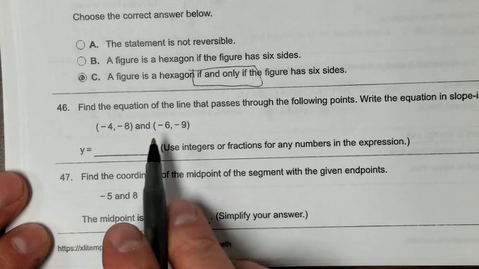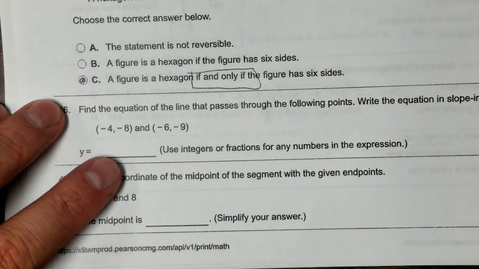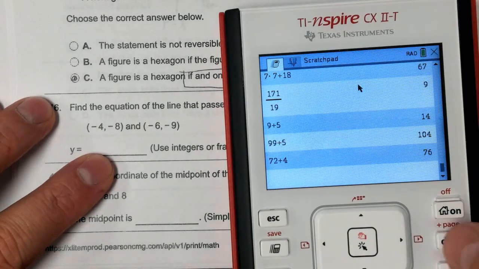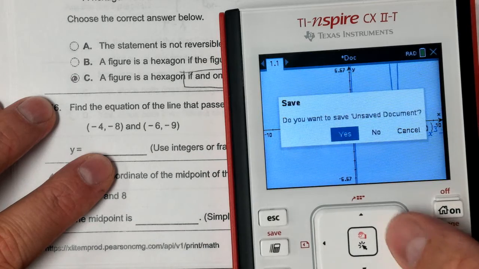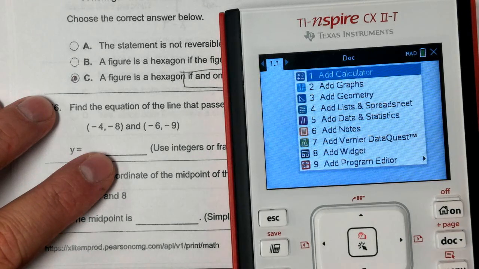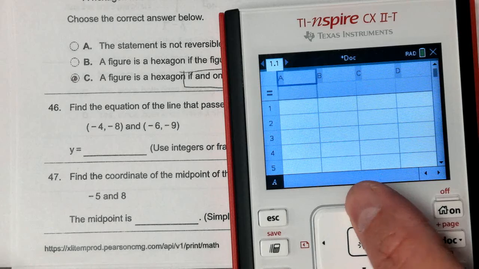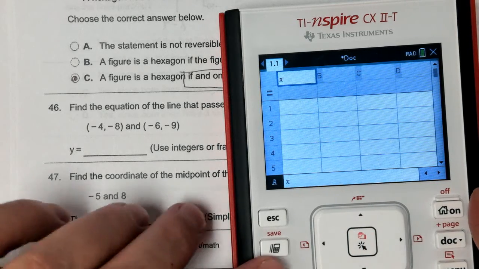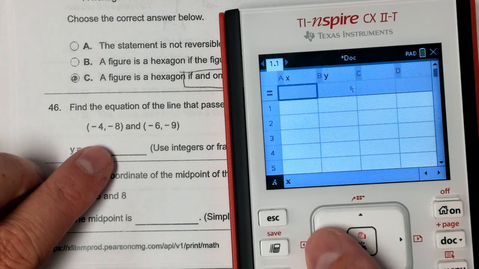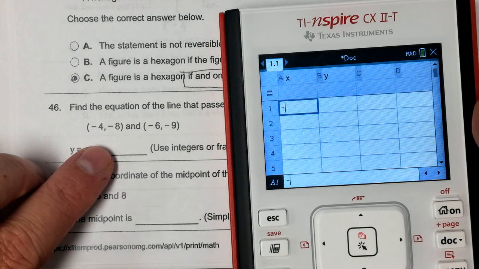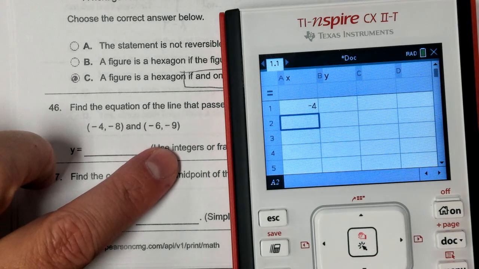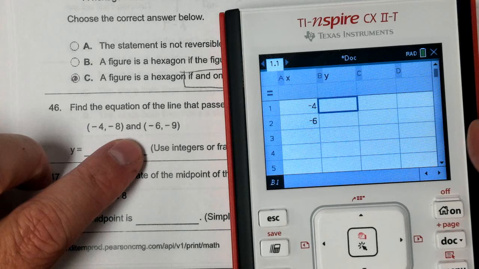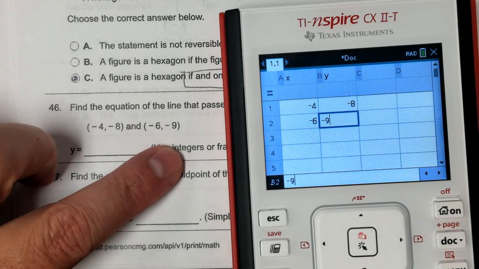Then for this one, just use your calculator like we did before. Go to list and spreadsheet, put X, and put Y, put -4 and -6, put -8 and -9.